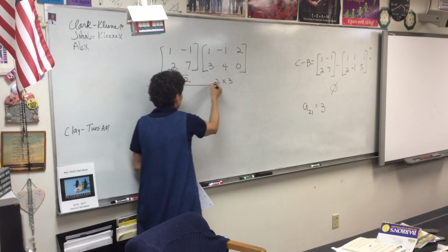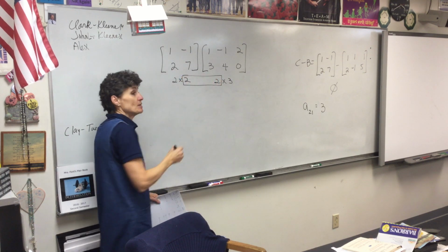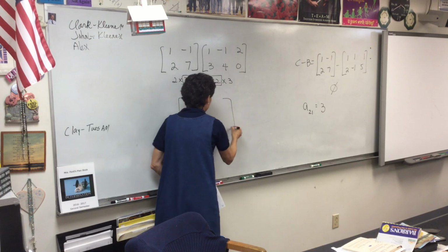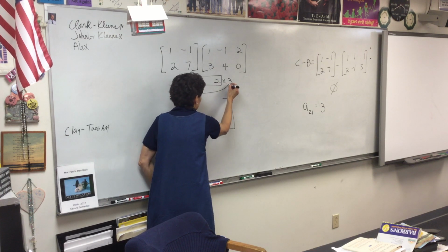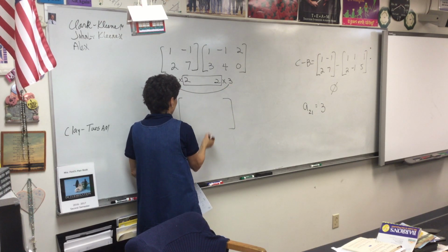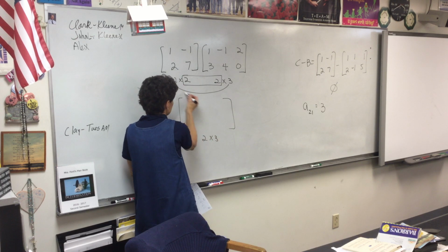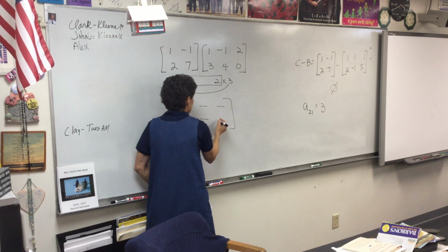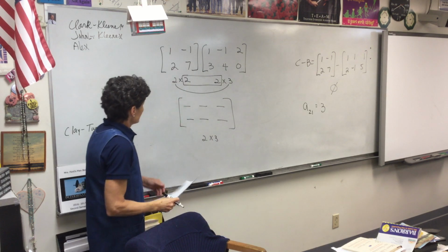The middle 2 numbers have to match, and they do. So that means we can multiply, and our answer will be a 2 by 3. These 2 numbers give me my answer. So I have 2 rows and 3 columns.